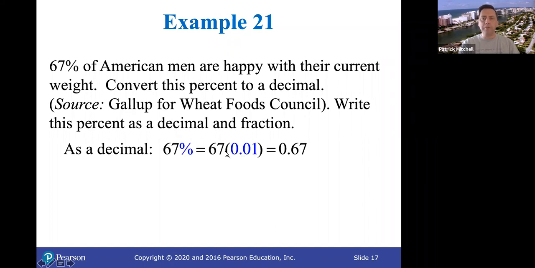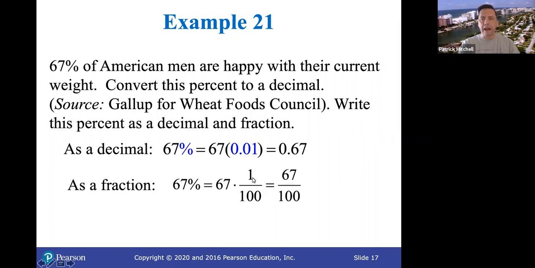And again, when you multiply by 1/100th, that moves the decimal point 2 places to the left. So as a decimal, this would be 0.67. As a fraction, we would use the fraction form of 1/100th. So that would be 67/100ths, which is already in simplest form.